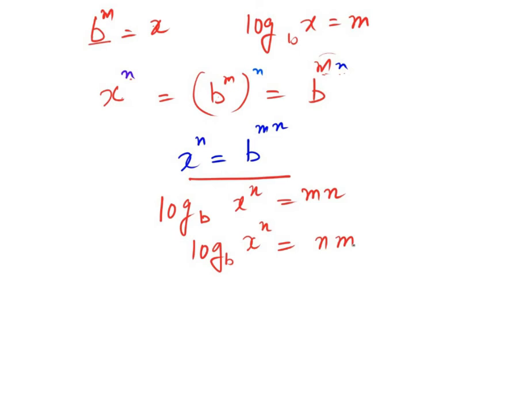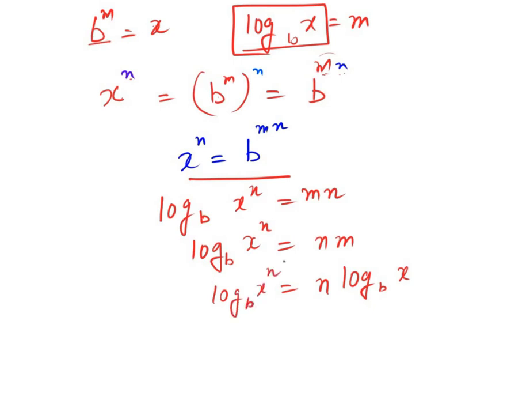One and the same thing, right? Multiplication doesn't hurt me. What was m at the start? It was log of x to the base of b, so can I substitute it back here? It becomes n log of x to the base of b. That is the third law.